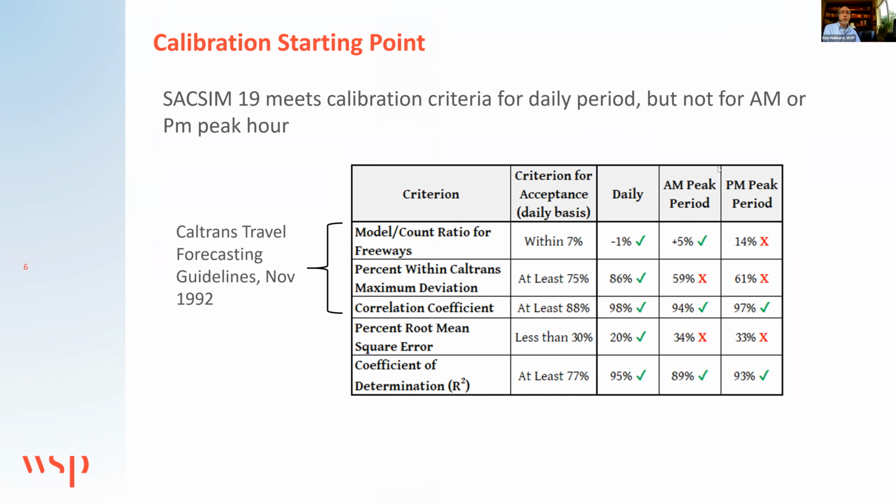We found that for this particular corridor, it performed as advertised. On a daily basis, it's fine. But for our particular study, we're not interested in daily so much as we are in peak periods and even smaller increments of time within the peak period. And for that, the model did not meet the calibration criteria. Next slide, please.